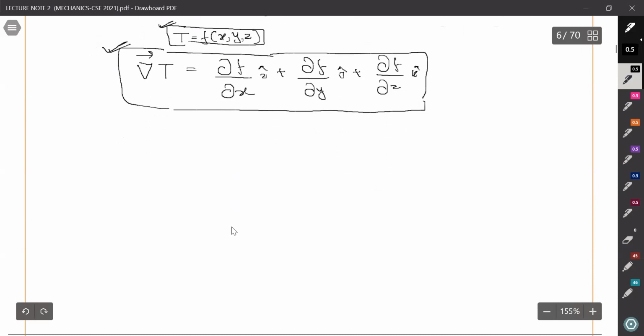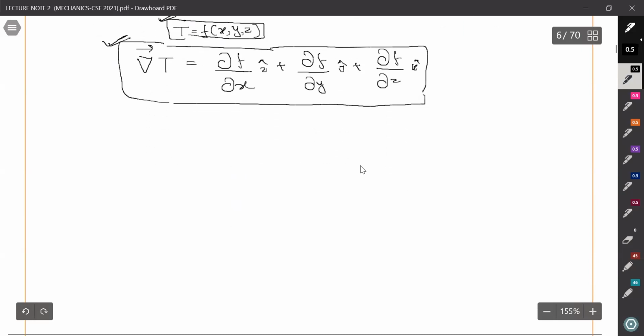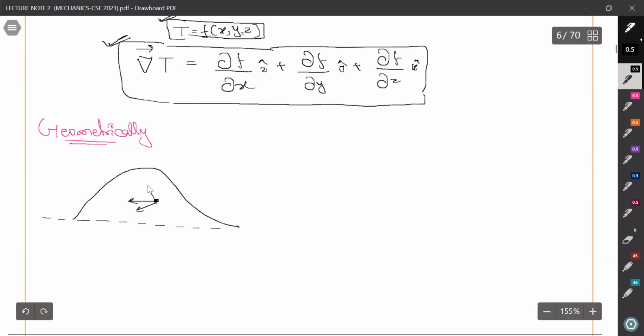Okay, so one thing I want to tell you also: what does it geometrically mean? If you want to find this geometrically, suppose we have a hill like this, and if you are here, you can go in this way, this way, this way, this way.